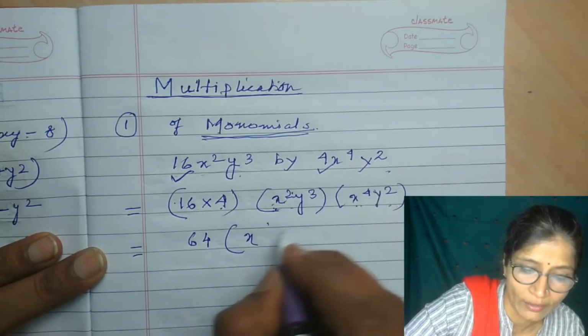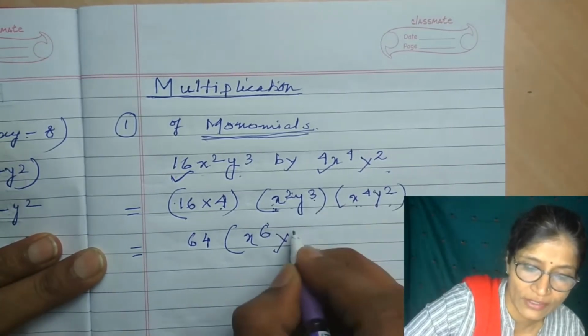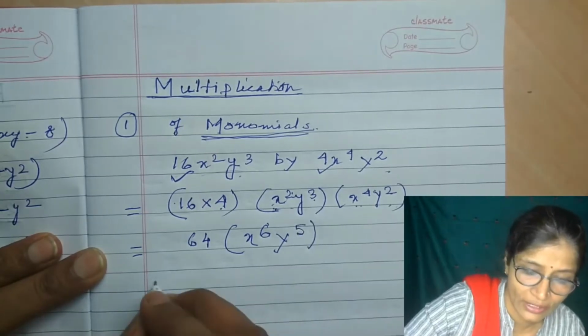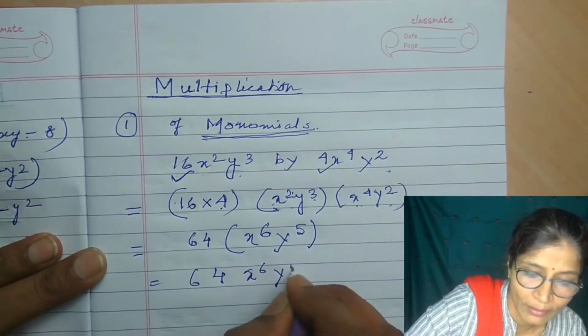So 2 and 4 is 6, and for y it will be 3 plus 2, that is 5. So that is equal to 64 x to the power 6 y to the power 5.